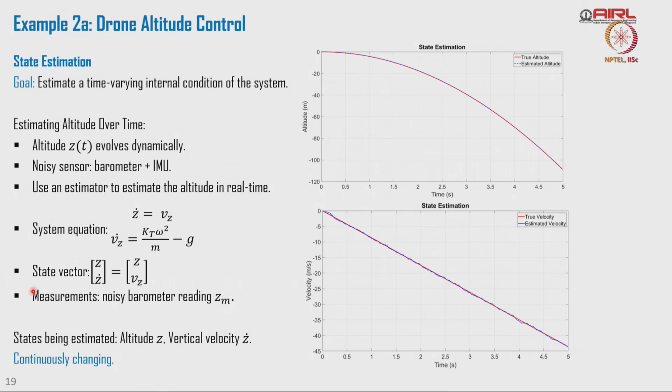I have a noisy barometer reading Zm, and the states being estimated are altitude and its velocity. Just as an example, I am trying to decrease my altitude over time, or increase my altitude, and I am trying to see how my velocity is being estimated during that time.